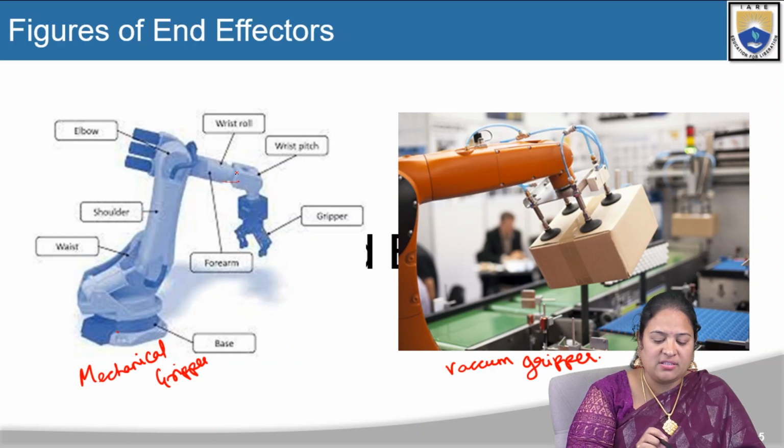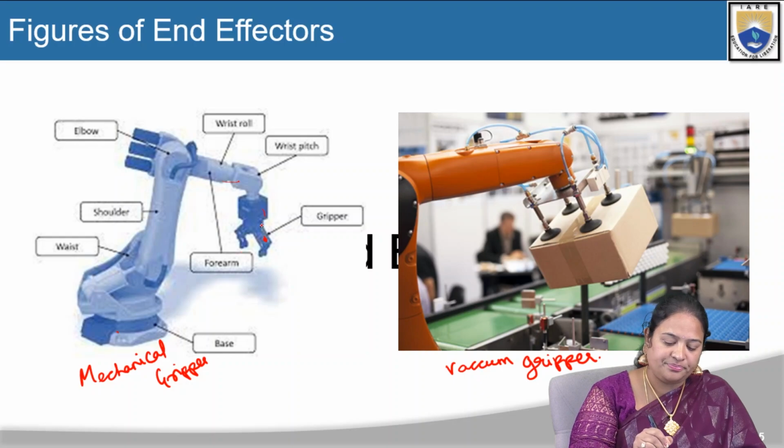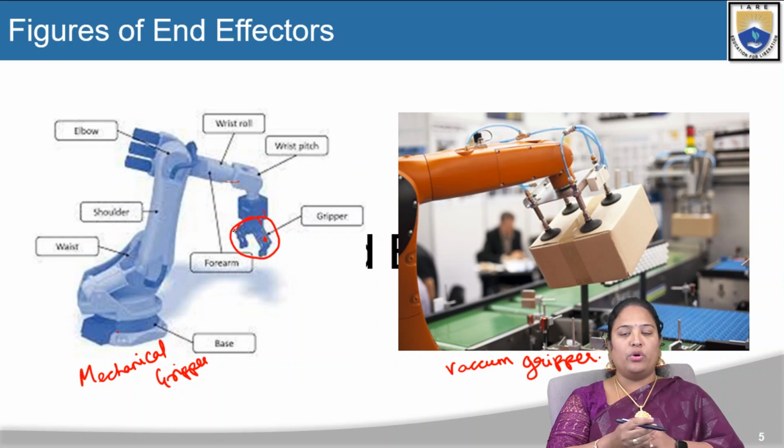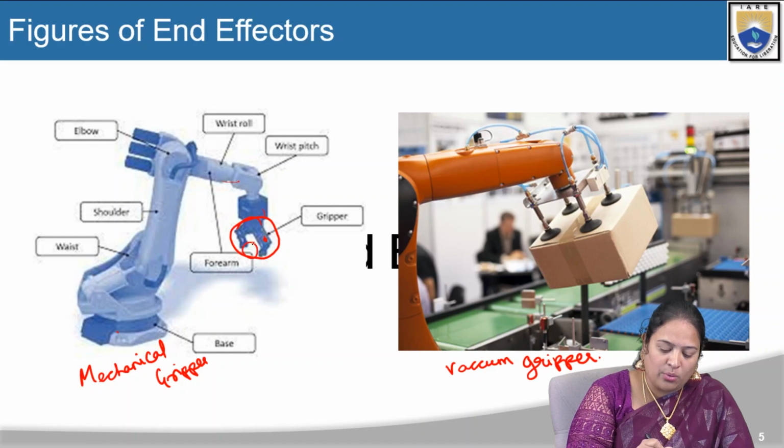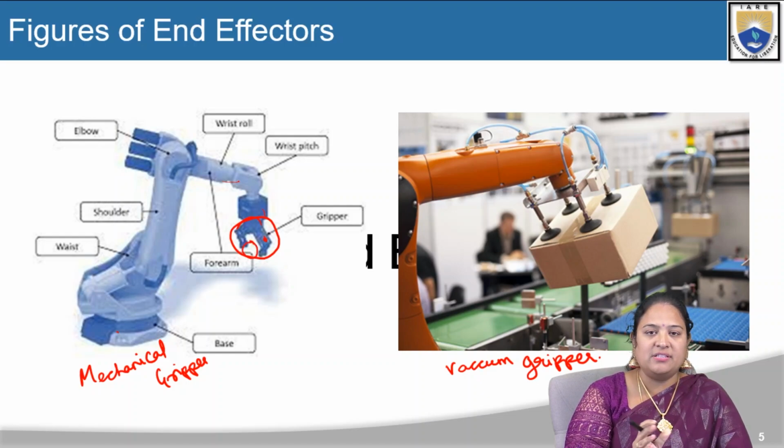And this is the wrist, this is the wrist pitch, and this is the gripper. This particular portion we are seeing is known as a gripper. In this gripper, an object is placed. That is, the gripper is holding the object and placing it in some other place.